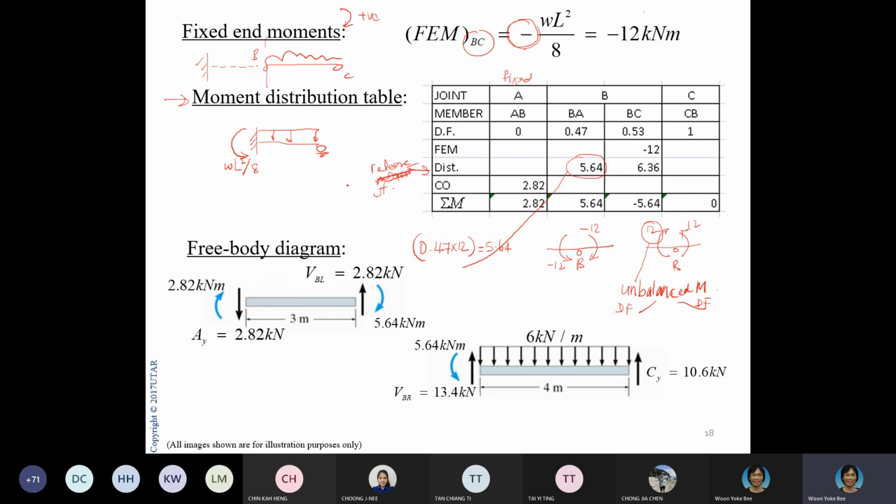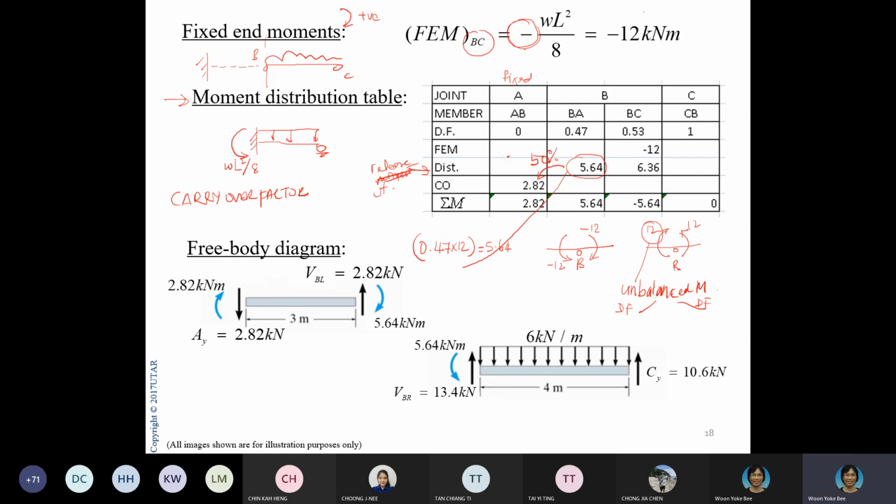Now remember, the other thing that we need to look at was our carryover factor. This only applies if the far end is fixed. If the far end is pin or roller, we don't apply it at all. So in this case, the only fixed far end is from B to A, this is your far end A. So you transfer 50% here.